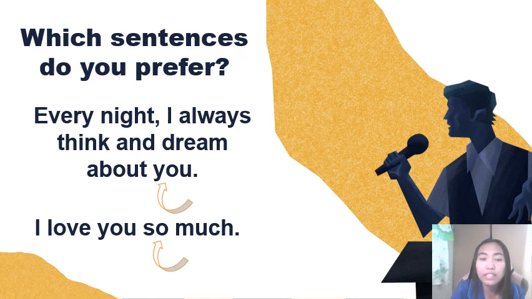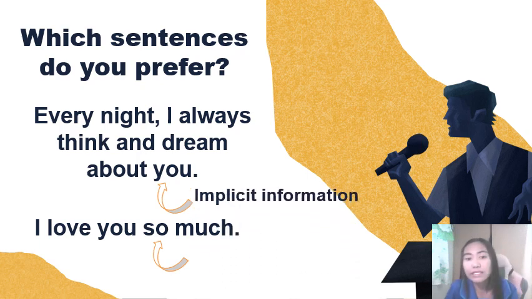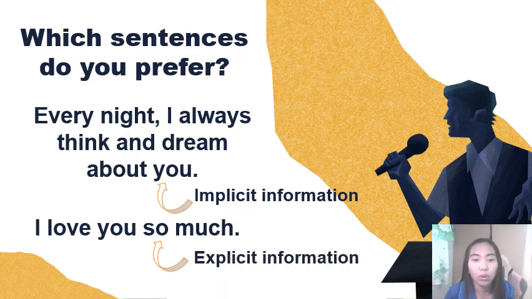So in our sentences, the first sentence is the implicit information because it doesn't directly state what the text is all about. There is an implied meaning behind this sentence, while the second sentence is our explicit information because, as we have discussed before, when we say explicit information, it is clearly stated.